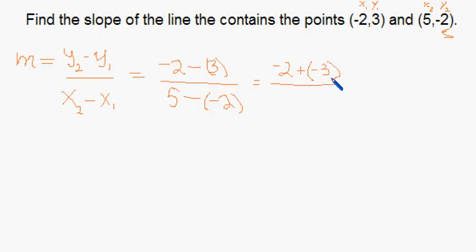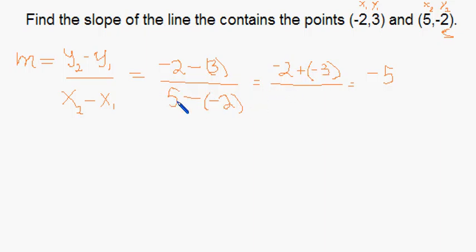And now we can apply the rules for adding integers or real numbers. In this case, we have a -2 plus a -3, which gives us -5, because the signs are the same. You add and you keep the sign.